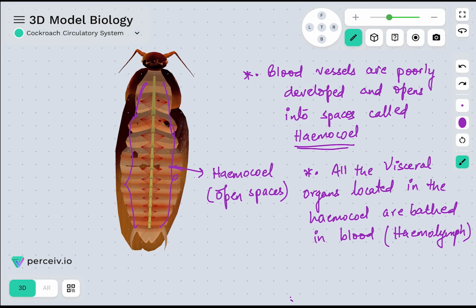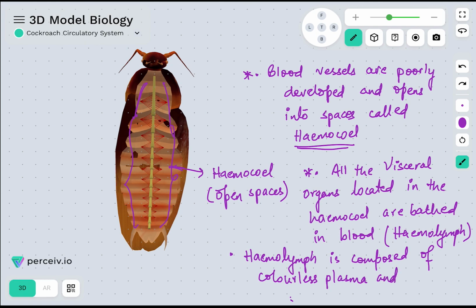So hemolymph is composed of colorless plasma and hemocytes.